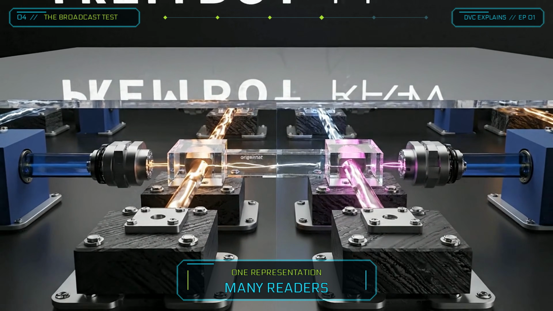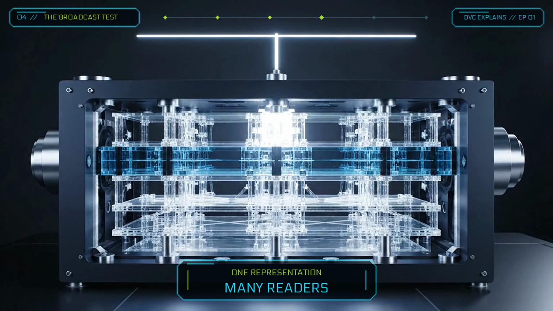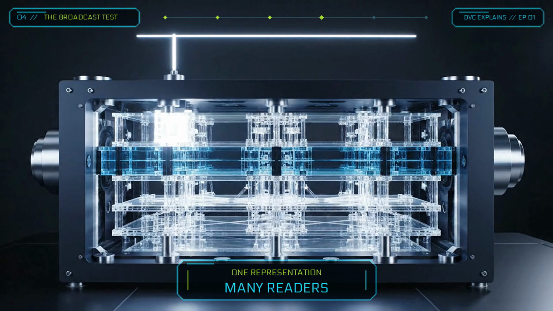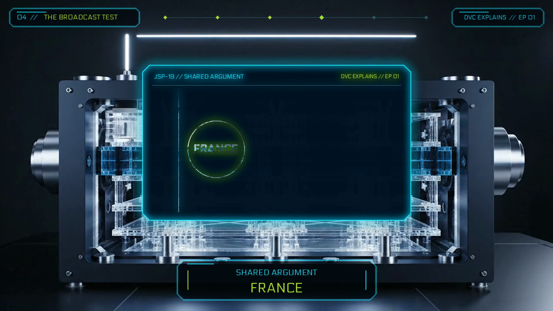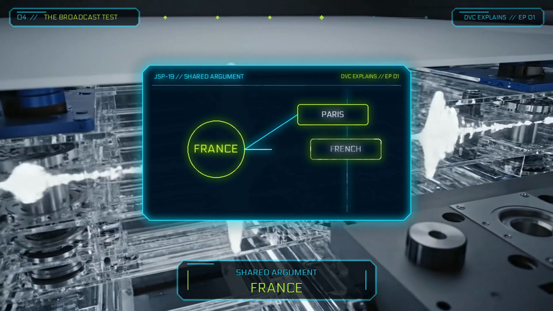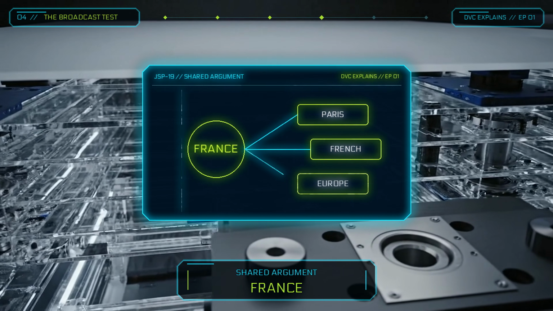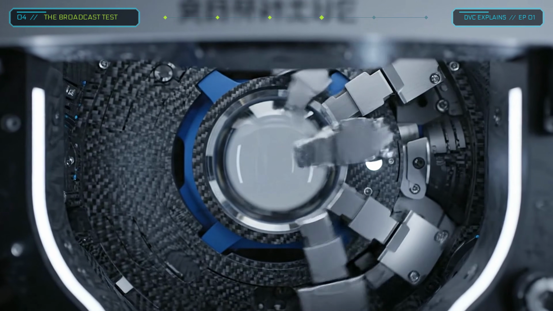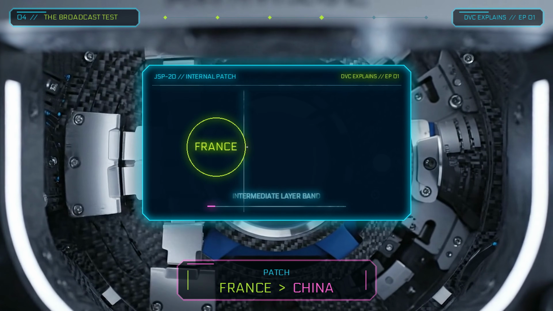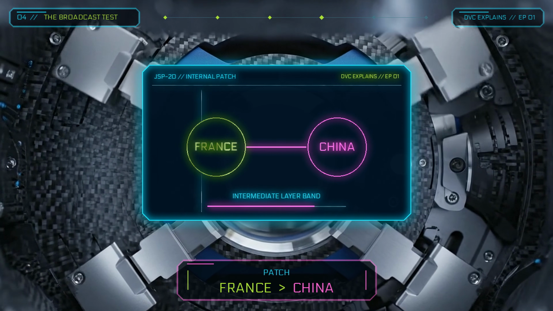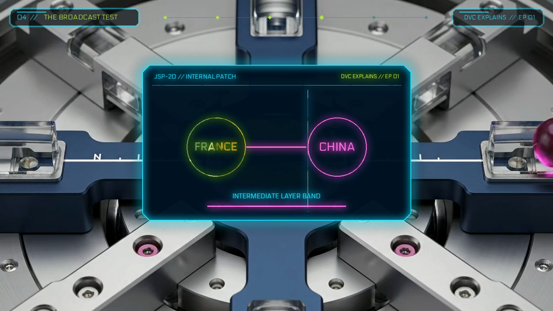The paper also asks whether one representation can be reused by different downstream operations. In one example, the shared argument was France. Separate prompts asked for properties such as its capital, language, and continent. The researchers applied the same internal swap, replacing the France lens vector with China across a band of intermediate layers.